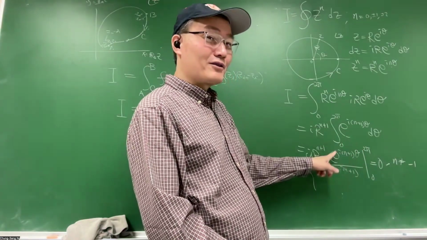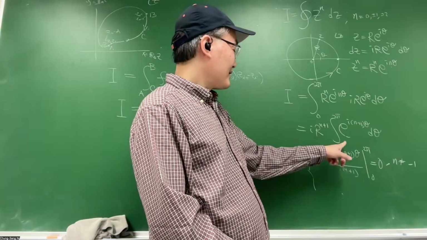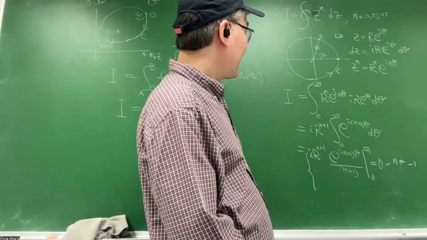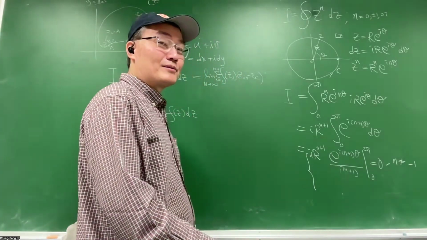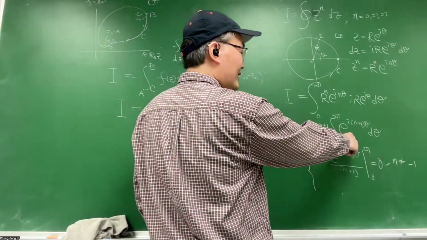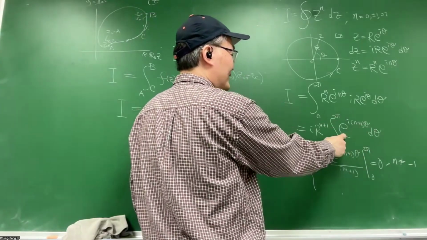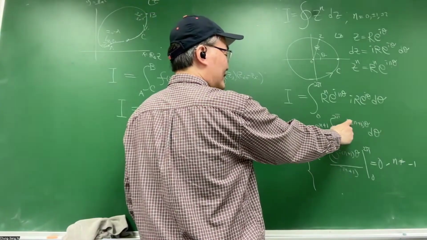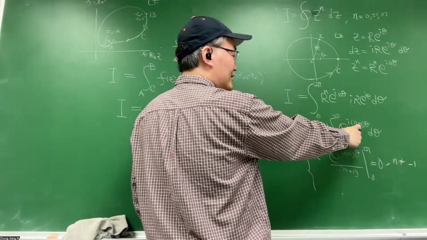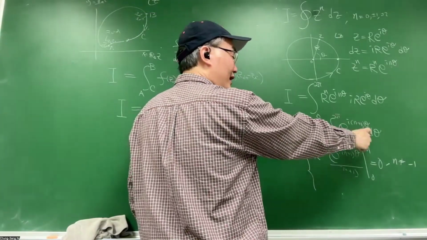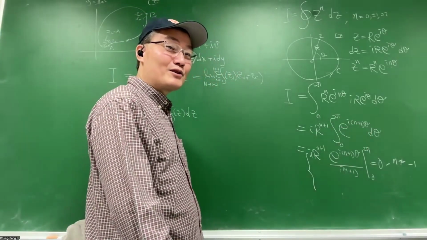And what should this integral be? n is minus 1. What is this exponential? n is minus 1, e to the i n plus 1 theta, n plus 1 is 0. So this is 1, right? And you integrate from 0 to 2 pi. What is that? 2 pi.